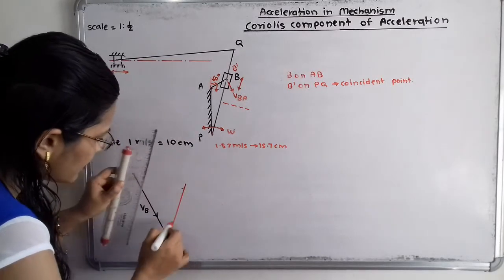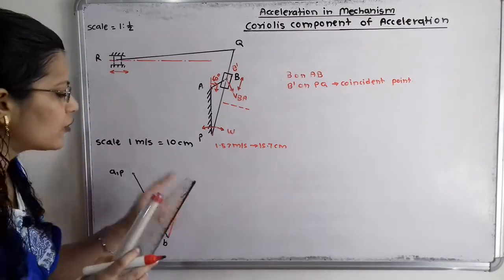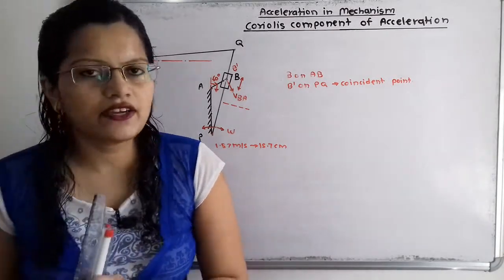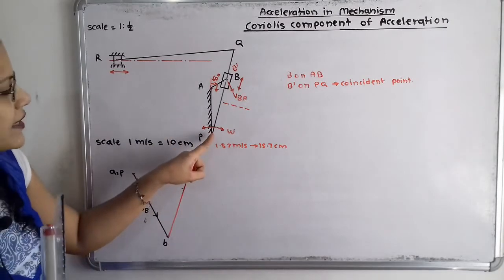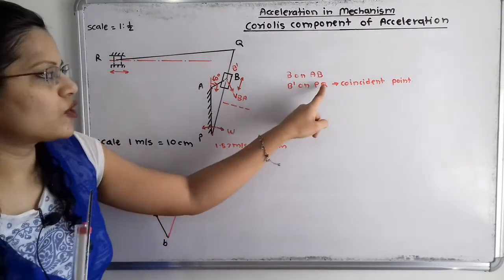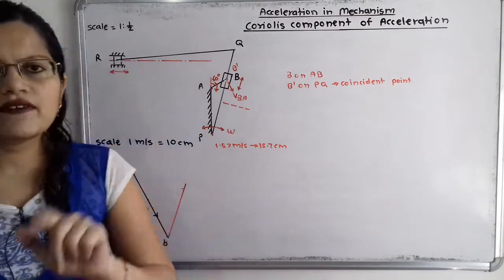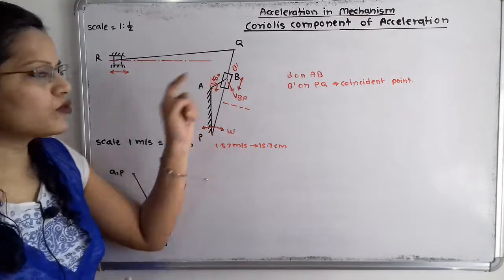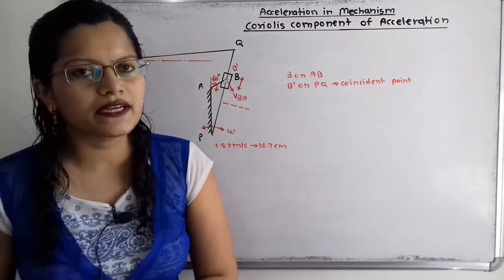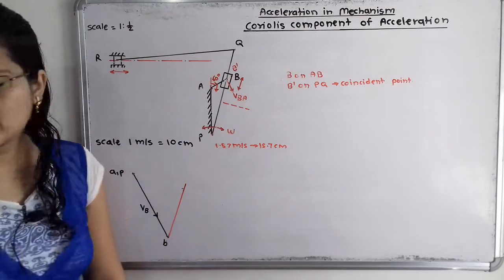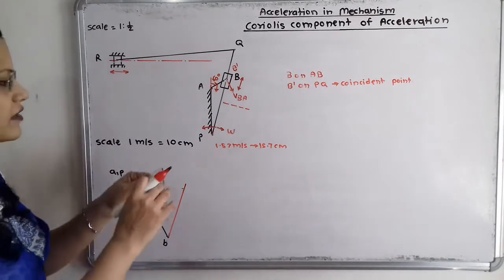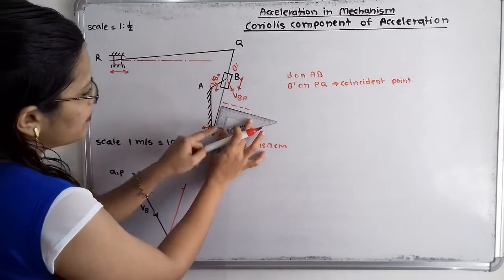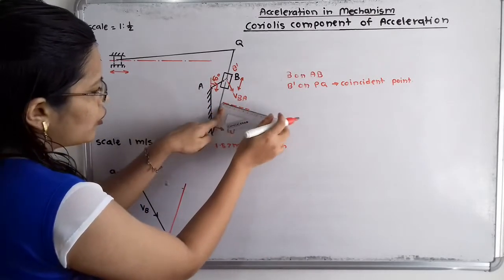So from B there is one line, but we don't know the exact location of this point B dash. Now again if we observe, there is the link P to B dash, because B dash is on link PQ. So again we will draw one velocity line for this link P to B dash. We know that it is in the perpendicular direction to the link PB dash. So again with the help of a protractor we have to draw one perpendicular line. Align one edge with this link PB dash, and from the other edge draw one line.